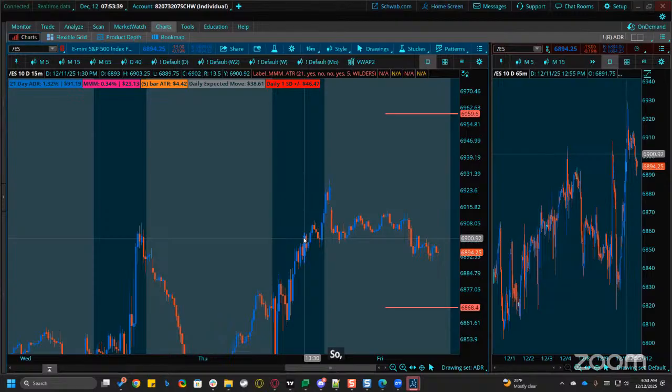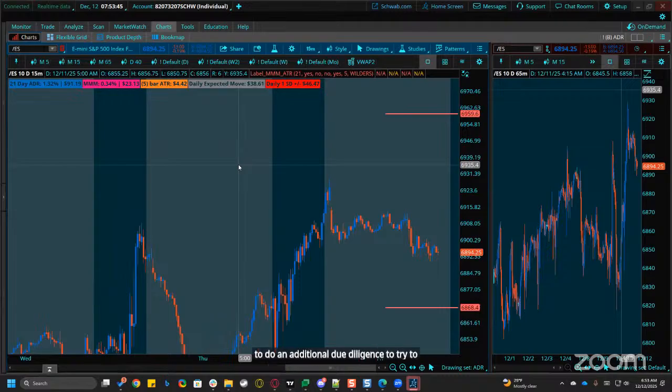So it doesn't hurt when we see this sort of a signal to do additional due diligence to try to find what the heck are they worried about and why are they hedging? Maybe we find something, maybe we don't. But at least we know to have that additional bit of caution. Because if they're worried, we should be worried.